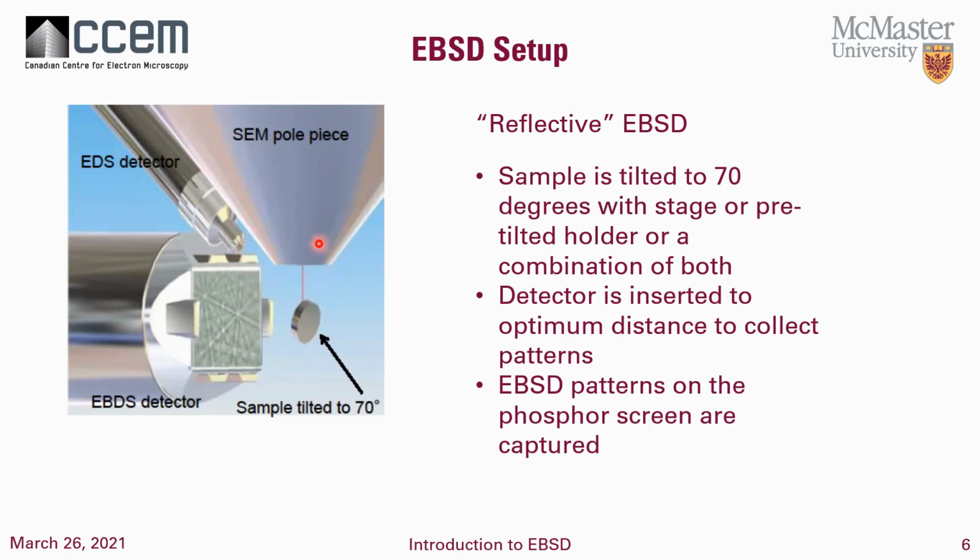Now, one problem we do have is if the sample is further away, at a working distance of 10 to 15 millimeters, we sometimes run into problems with the backscatter electrons producing X-rays that get collected in the EDS detector. So sometimes you'll run into problems with this arrangement, and you will actually start getting X-rays from the camera or the phosphor screen.